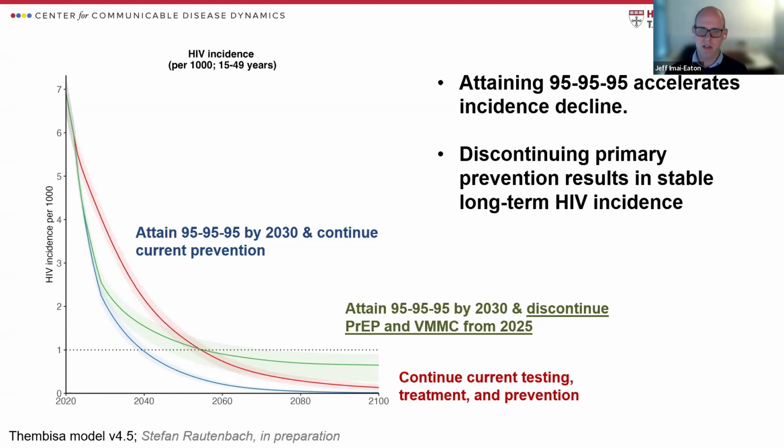If we were to attain 95-95-95, but at the same time discontinue some of our prevention programs, our PrEP and VMMC programs, we still get that rapid reduction in incidence from reducing population viremia, but over the long term, incidence settles at a higher level. And just kind of shows us that maintaining these prevention programs is important for the long-term maintenance of epidemic control.